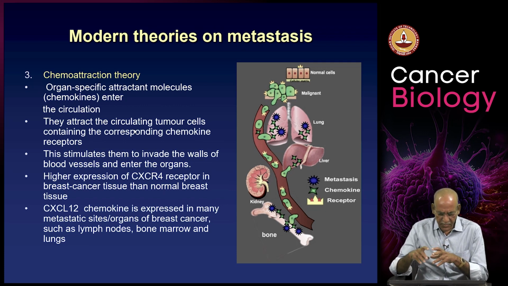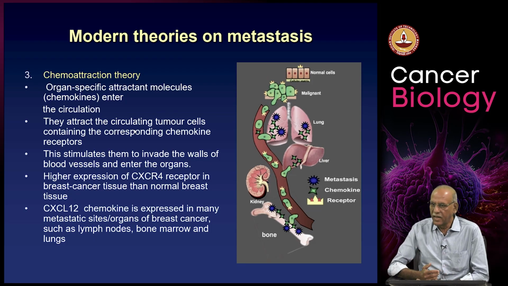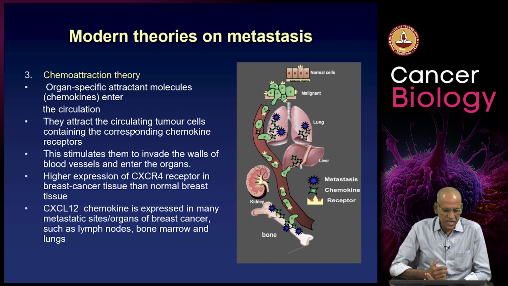This stimulates them to invade the walls of the blood vessels and enter the organs. One such example is what is called the CXCR4 receptor in breast cancer tissue. It is highly expressed in breast cancer tissue compared to normal breast tissue. Its corresponding chemokine, the ligand, is called CXCL12.